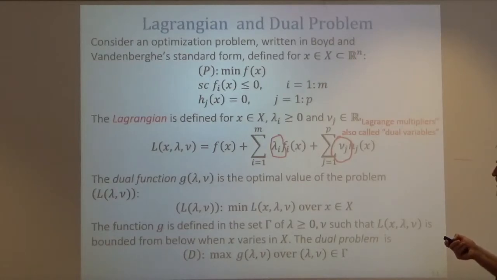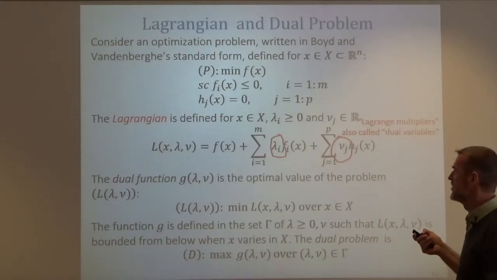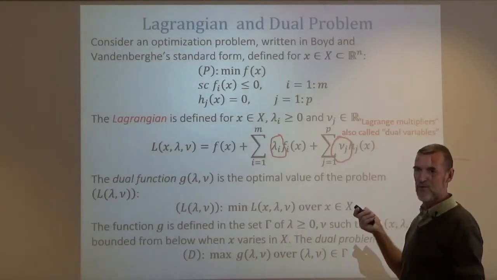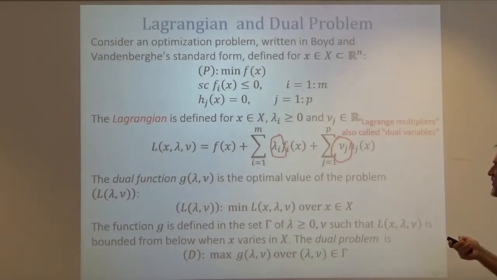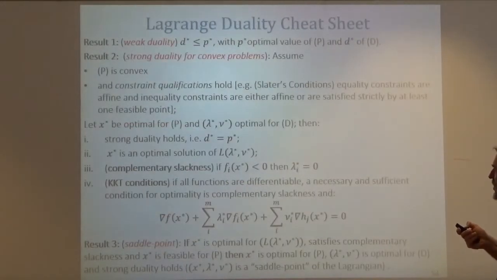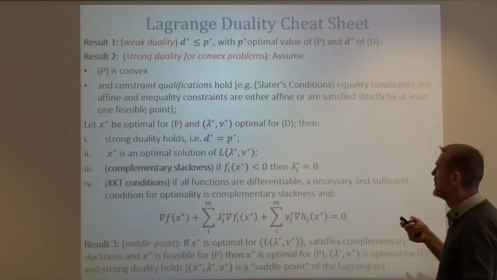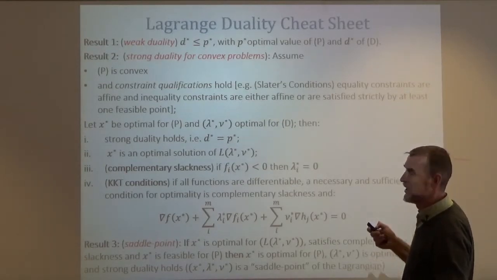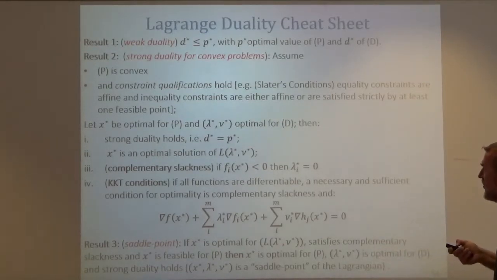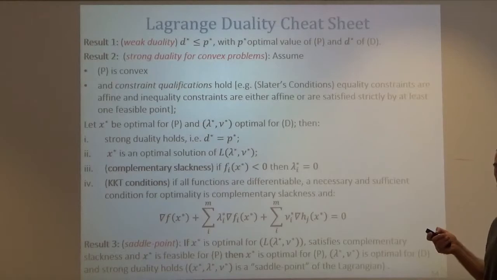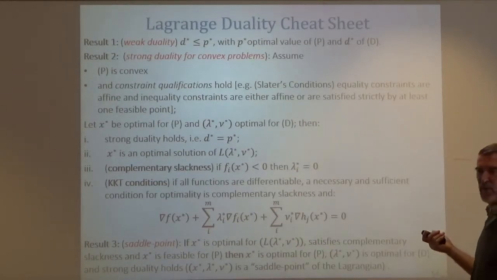That's a way to put constraints in the objective instead of the constraint. If I want, for example, the voltage to be less than something, I can say the objective function is plus infinity when the voltage is above some value. So I can allow this in this framework, and this is true even in such cases where the optimal P may be infinite. So that is typically used, for example, to say that if we find that D is infinite, so if the dual problem has an infinite optimal value, that means that the optimal value of the primal is infinite, which intuitively means there was no feasible solution.